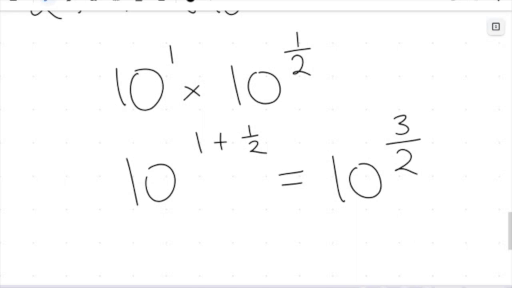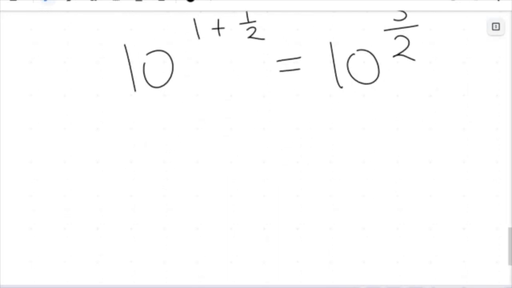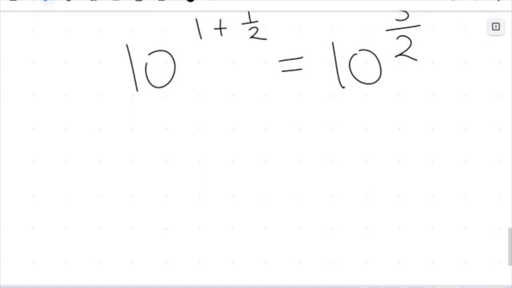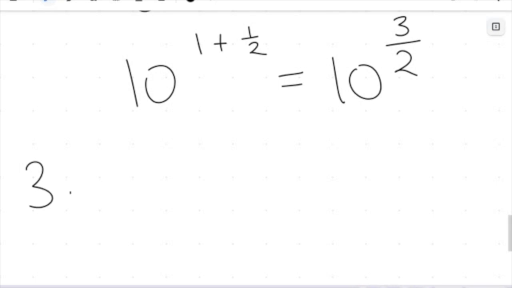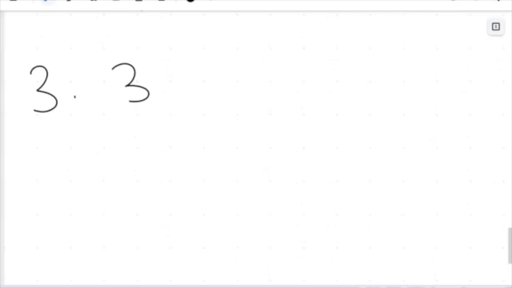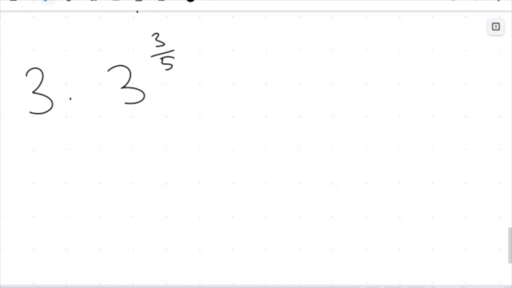Okay, let's look at another set of questions. Now we've done some work with writing things in index form. Let's go the other way. So let's start going from index into surd form. So we have here 3 to the power of 3 over 5.